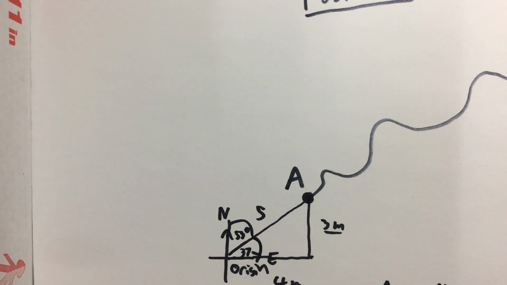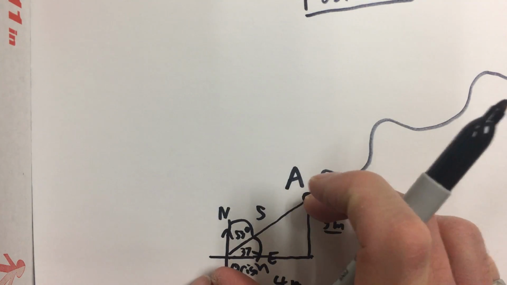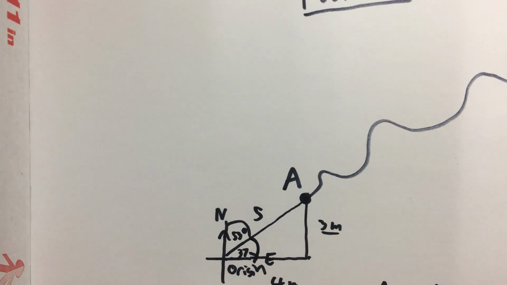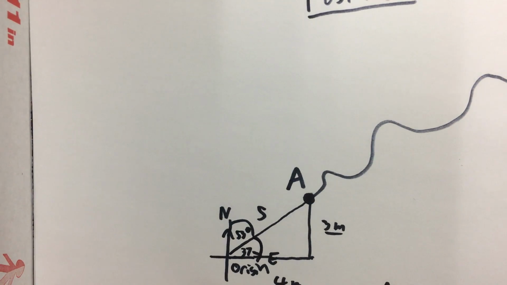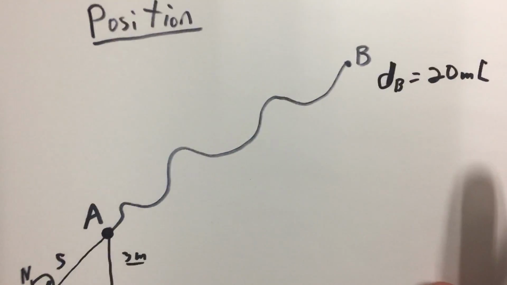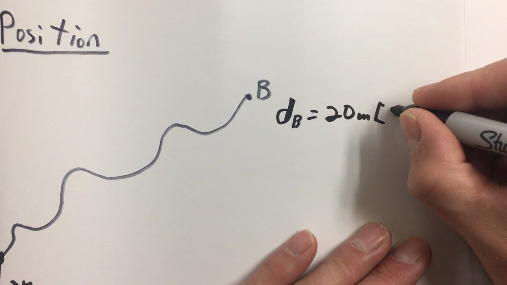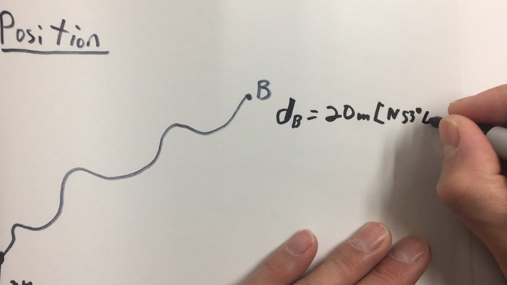So position B, to simplify things without calculating, let's just assume that we know. If that's 5, position B is 20 meters. Sorry, out of the field of view here. Position B is 20 meters north, 53 degrees east.